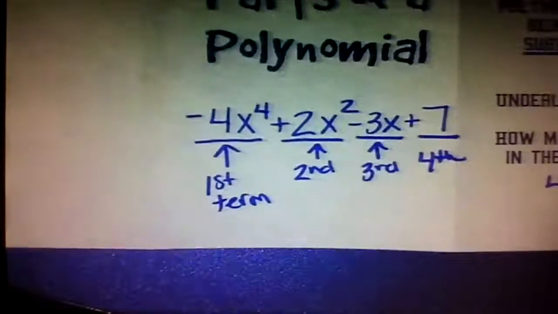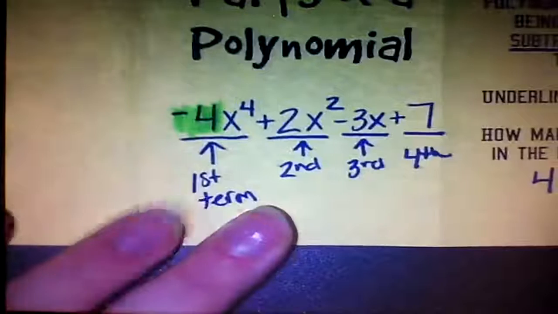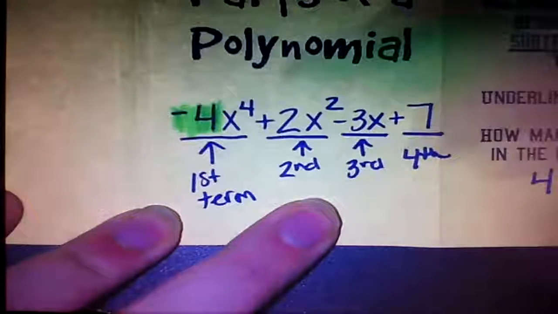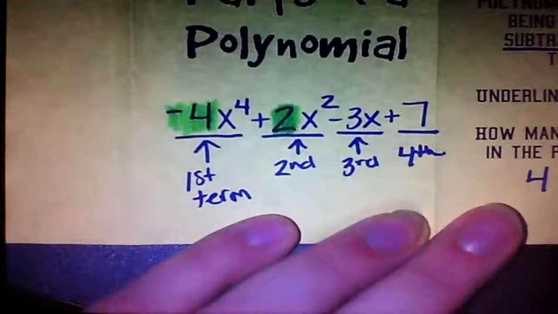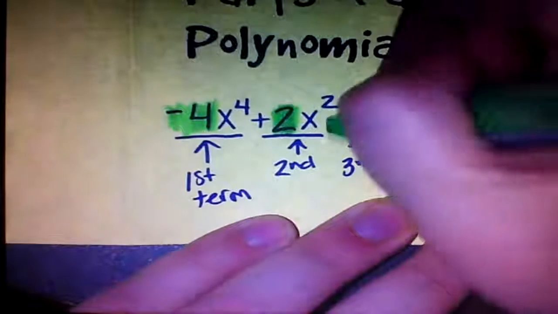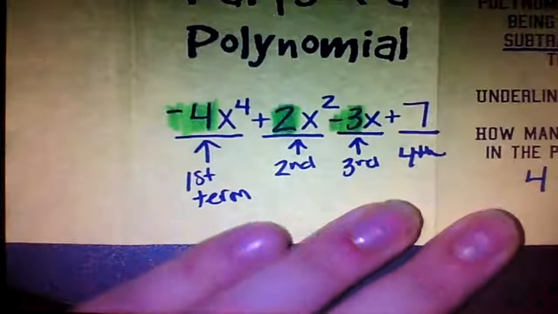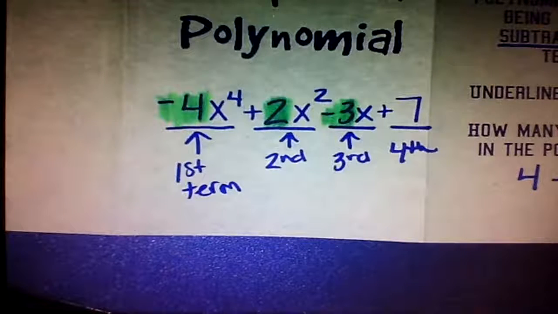Pull this back over. So this is my coefficient. What's my coefficient of 2x squared? 2. What's my coefficient of negative 3x? Negative 3. Because that's minus 3x, it's a negative 3x.